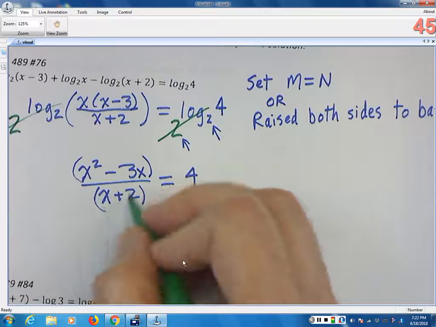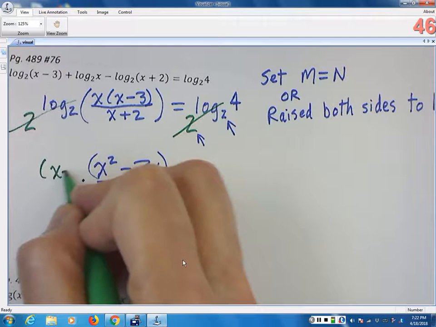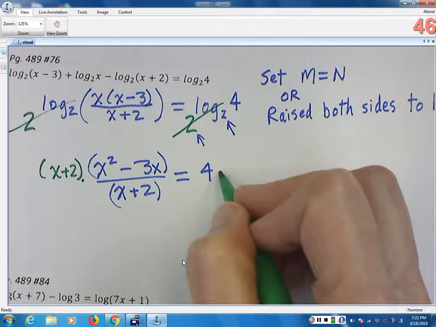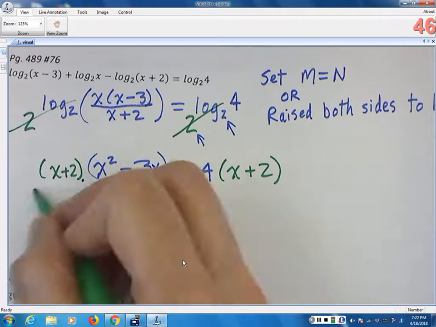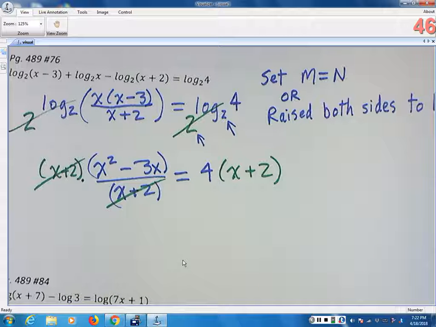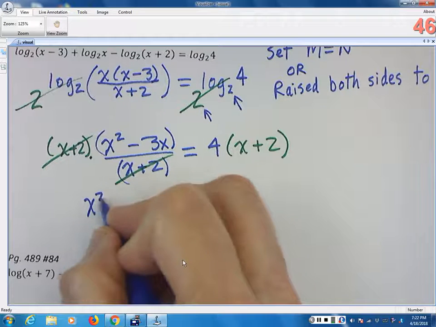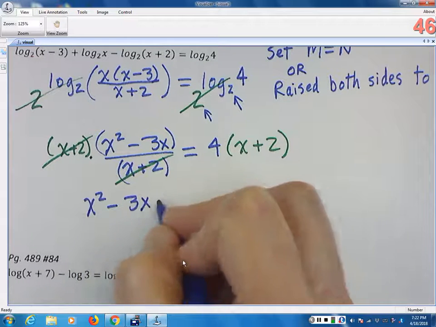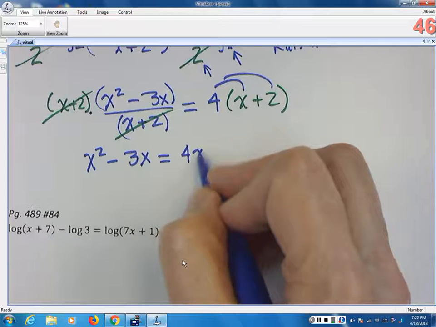We want to get rid of this denominator, so we multiply by x plus 2. If we do it on this side, we got to multiply this by x plus 2. That cancels, that's why we multiplied. So don't FOIL this out on the left side. So we have x squared minus 3x equals, and distribute this, 4x plus 8.